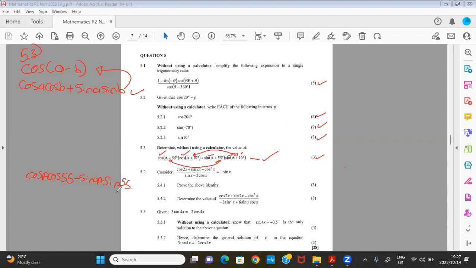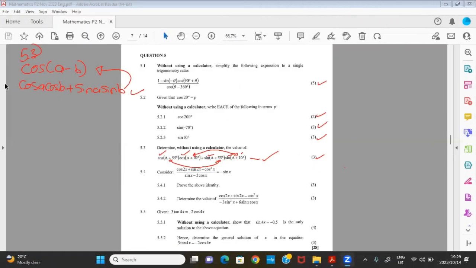Focus. They can easily get you with this question. Once you do that, you are done. Try and simplify it because already it's clear.